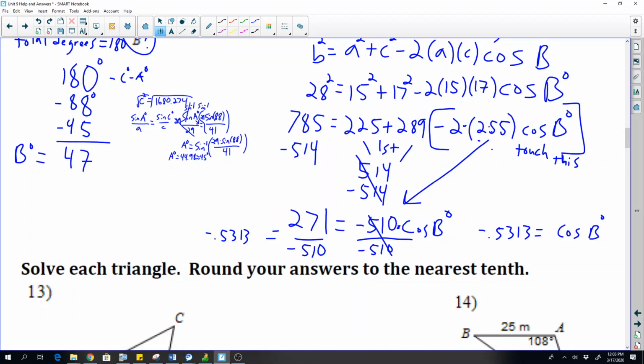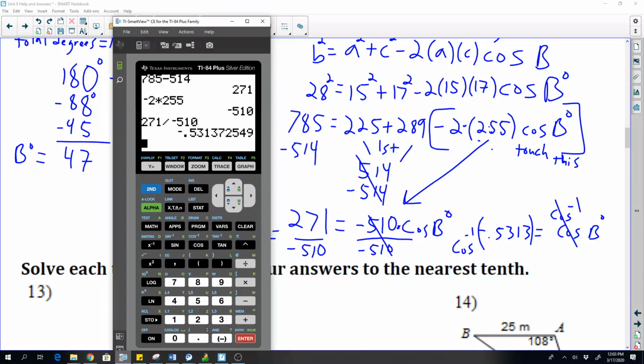And last but not least, or you can leave it as a fraction and do it that way. Last but not least, we've got to solve for angle B by itself. So we're going to inverse cosine to the other side. If you do it to one side, you have to do it to the other side. So now we're going to go back to our calculator and do inverse cosine of that negative 0.5313.